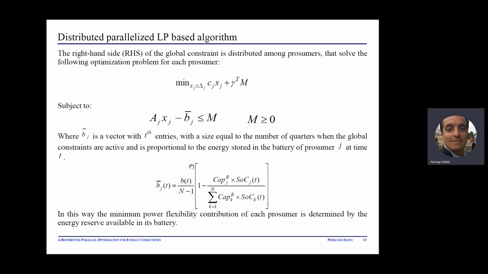As regards the distributed parallelized linear programming based optimization, the idea is that of distributing the right hand side of the global constraint among all prosumers by using this equation, in such a way that the minimum power flexibility contribution of each prosumer is determined by the energy reserve available in its battery.